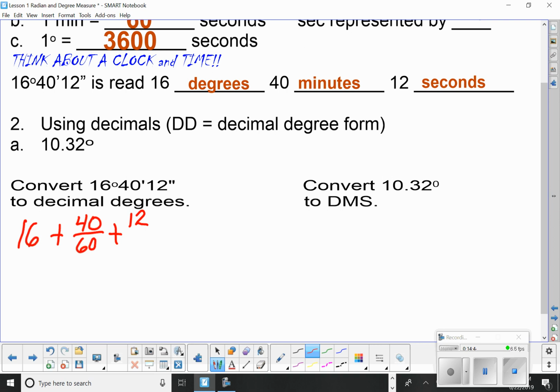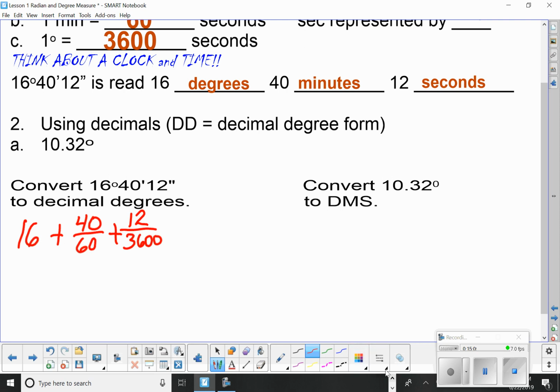If I have 12, that's out of 3,600. Because remember, there's 3,600 seconds in 1 degree. So I've simply taken the minutes and the seconds and changed them into their fractional form. Now, without a calculator, that's as far as you can really go.